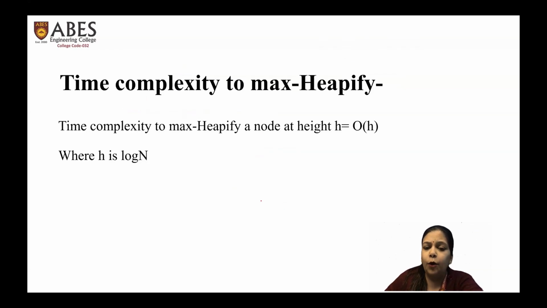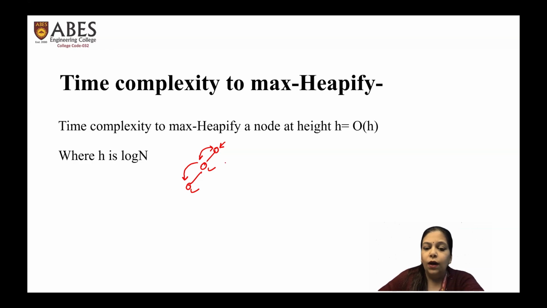Now, if we talk about the time complexity of the max heapify function, if I consider the worst case, there may be a case in which the node has to be swapped with every node in the height of the tree. This is the worst case. So in the worst case of heapification, if we want to heapify this node, it may have to be swapped with this node and then with this node.